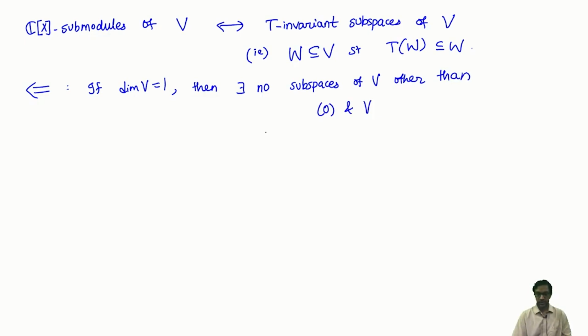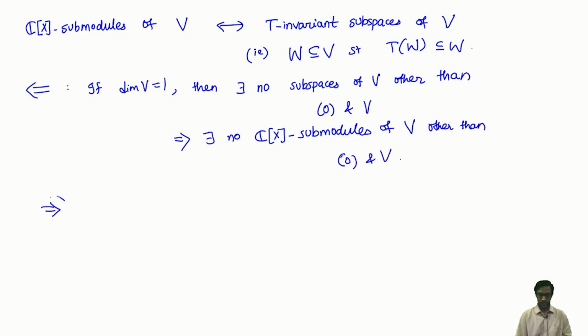Submodules are subspaces with an additional property, but there are not even other subspaces. So of course there are no submodules. There exist no C[x] submodules of V other than 0 and V. So this is trivial.